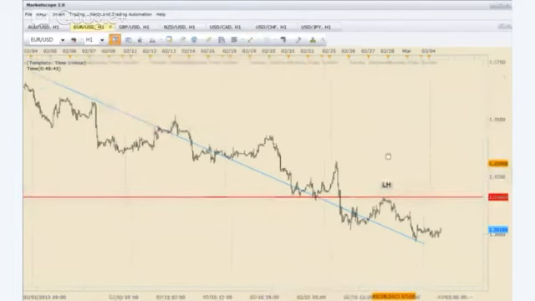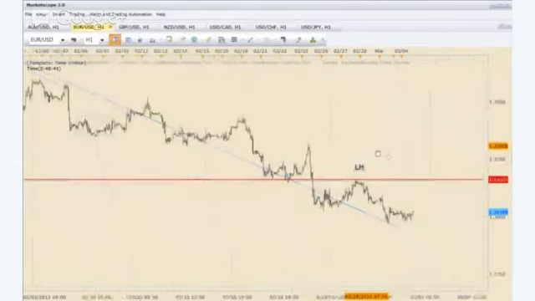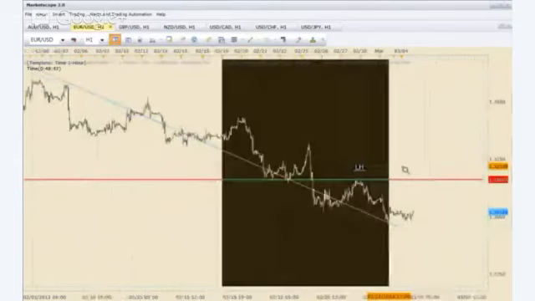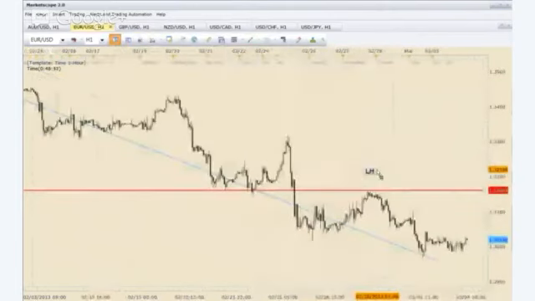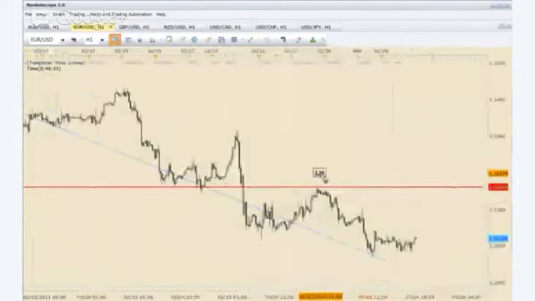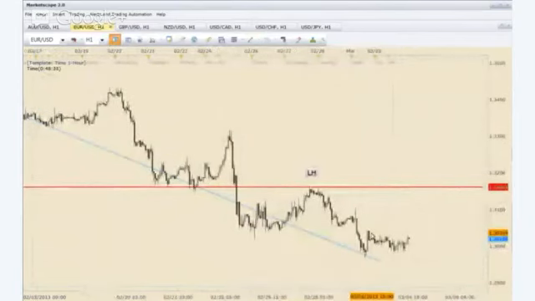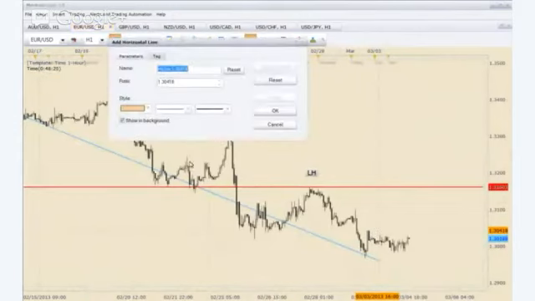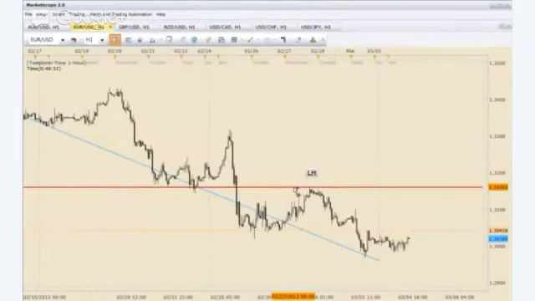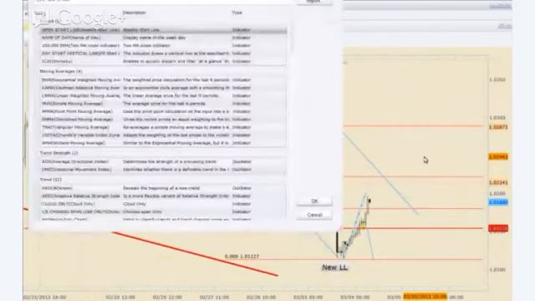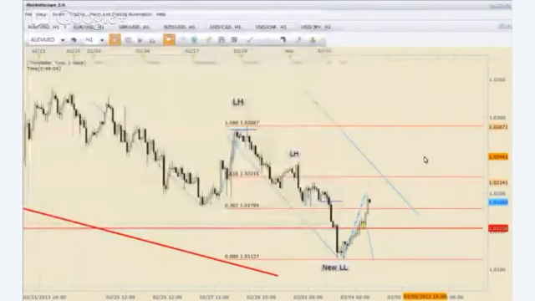And now price is moving sideways. Oh, back over here, I wanted to throw in the 100, 200.